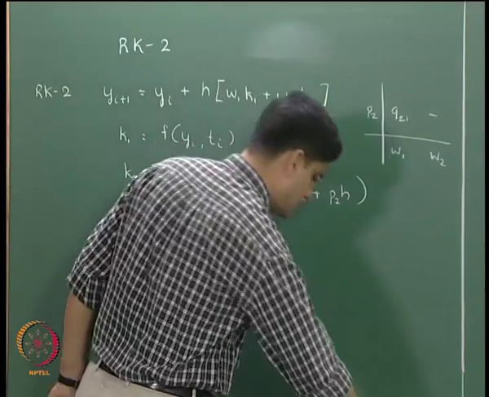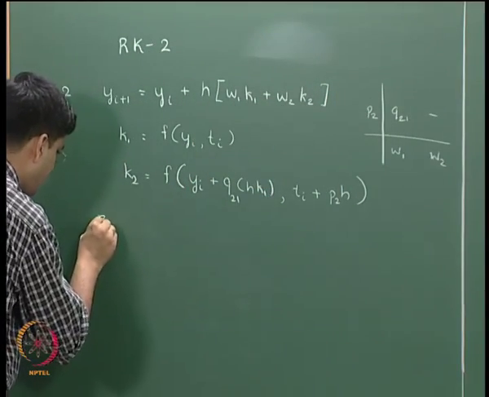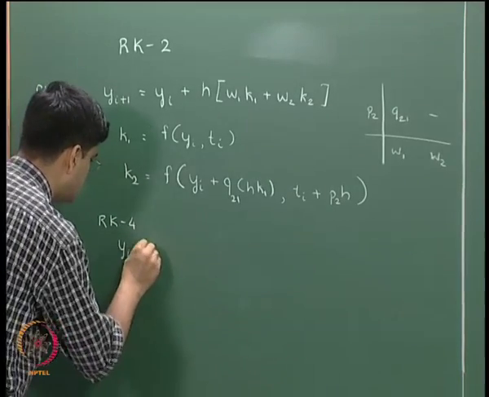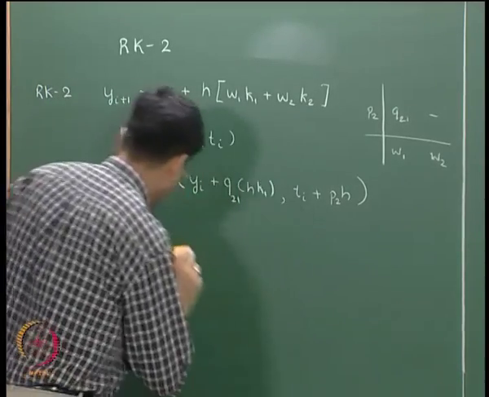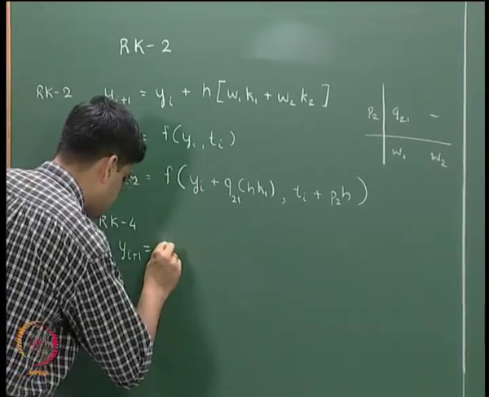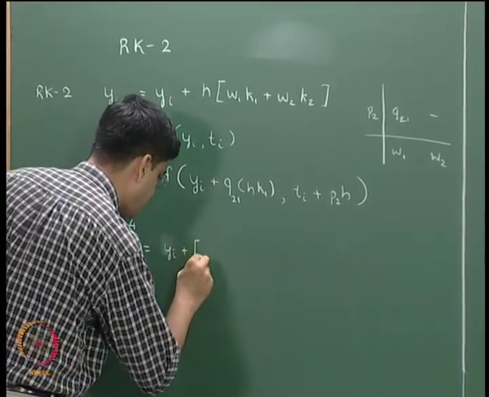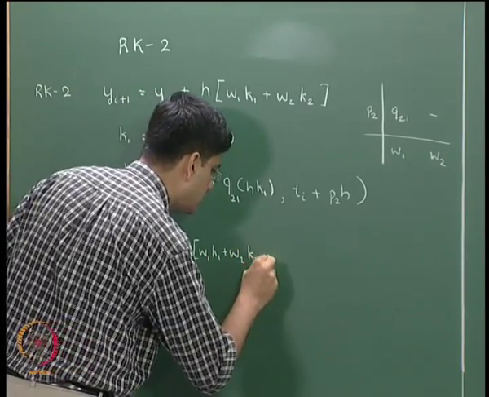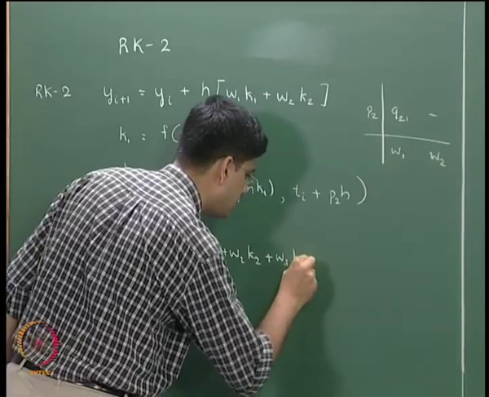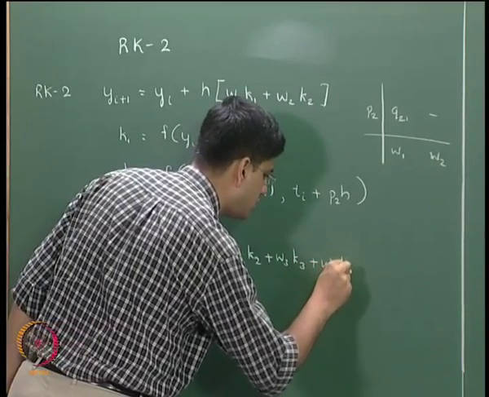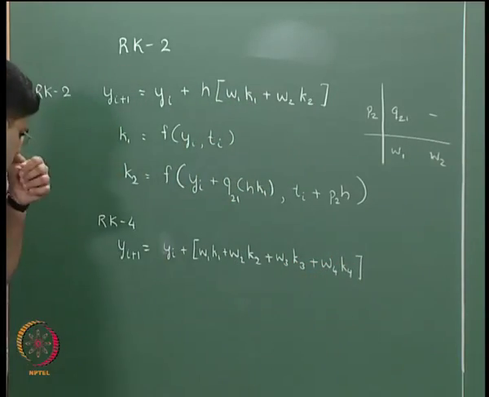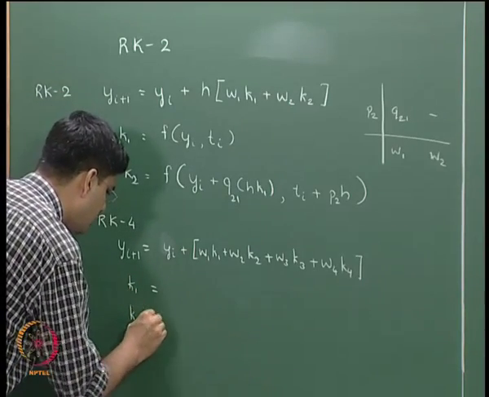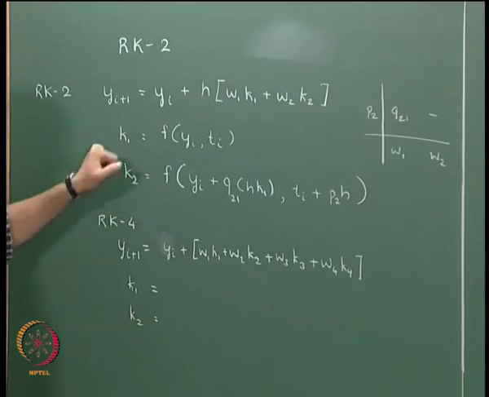Now the RK4 method. We will have y_{i+1} computed as y_i plus h times (w1 k1 plus w2 k2 plus w3 k3 plus w4 k4), where k1 was as before, k2 was also as before, the same expressions.